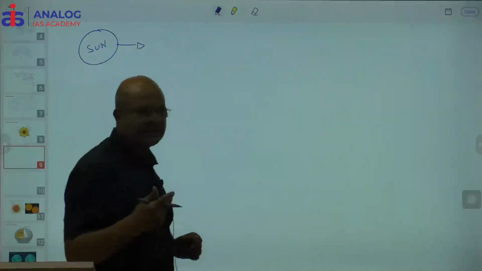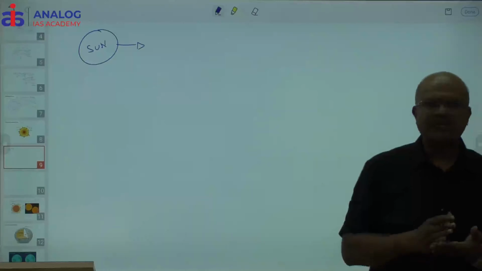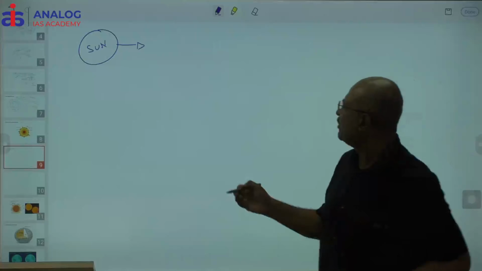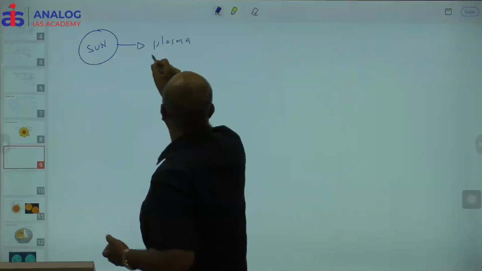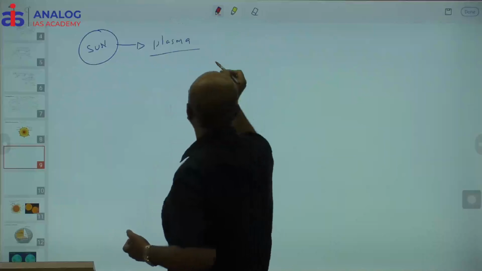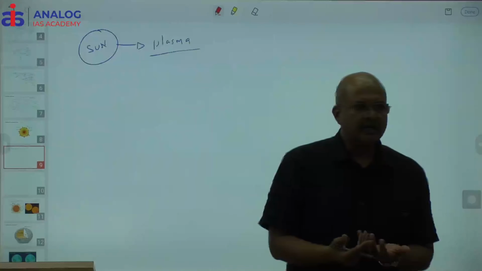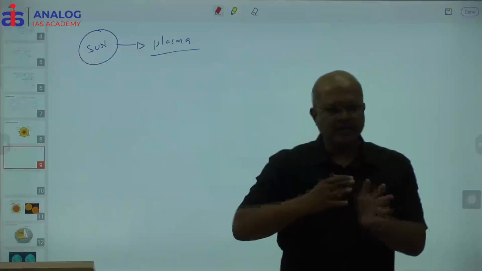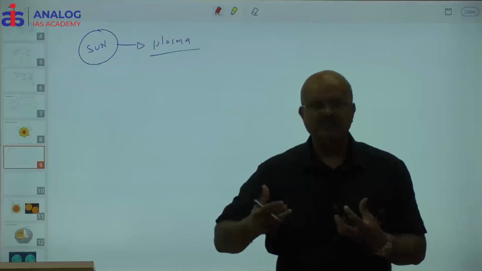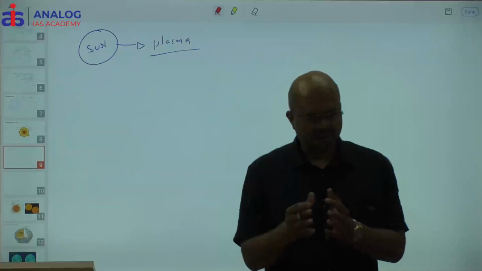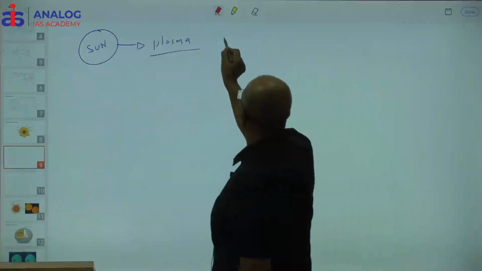Now, when we talk about the temperature inside the sun, it is tremendously high, which means it is in the form of plasma. As it is in the plasma state, the nuclear energy is responsible for the movement and collision of the charged particles.